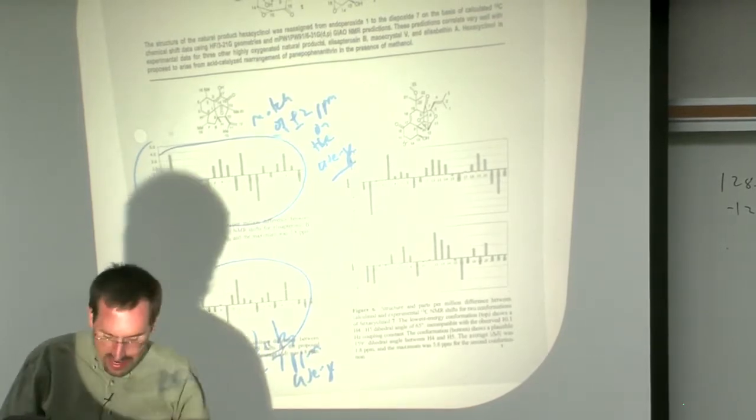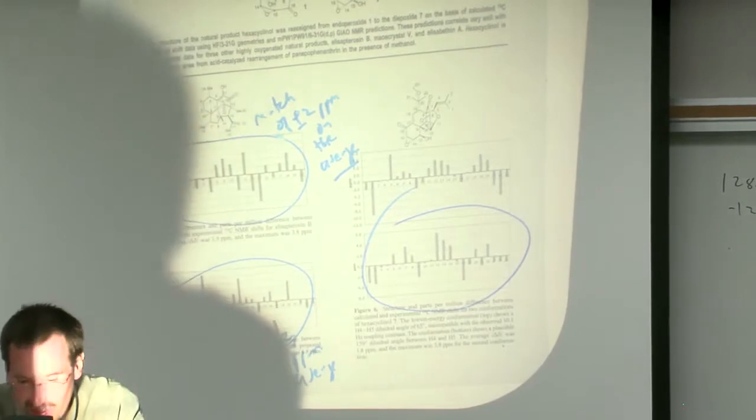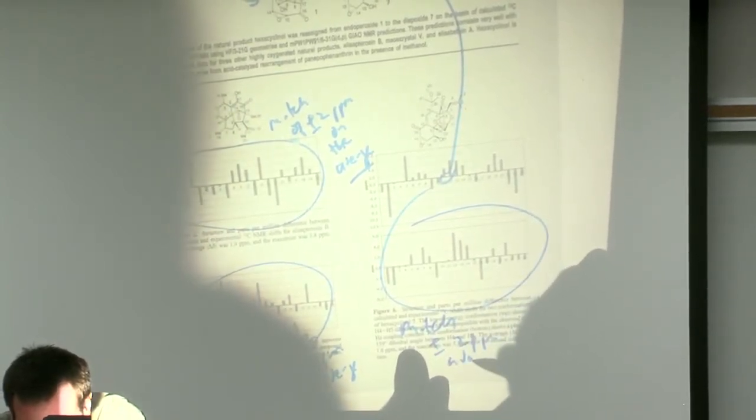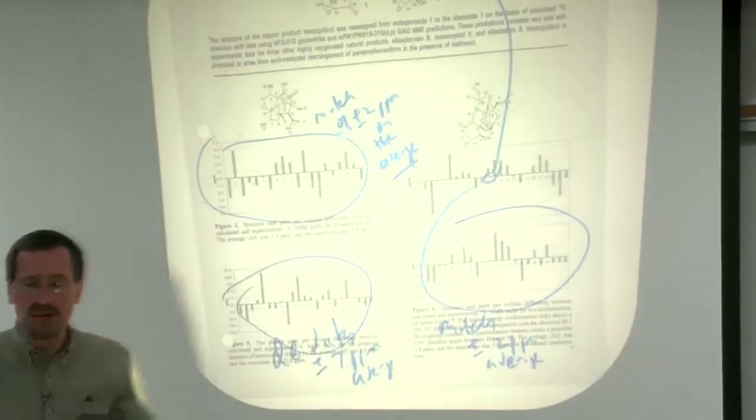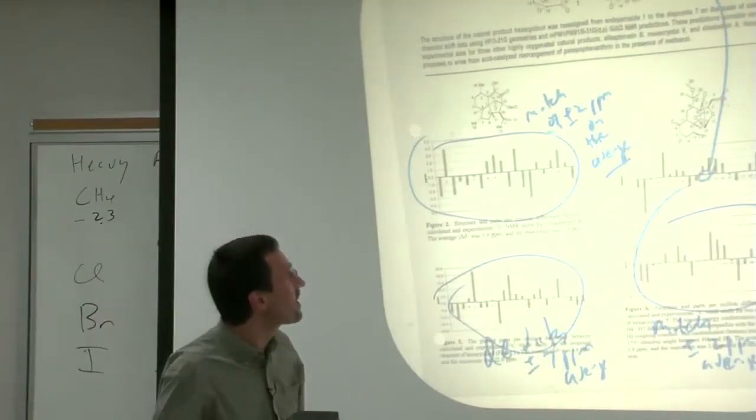And there, the structure matched, and he did 2 different conformers of it. For this structure, it matches within plus or minus 2 ppm average. By 2 ppm average, I mean RMS deviation, root mean squared deviation. So on the average within 2 ppm.